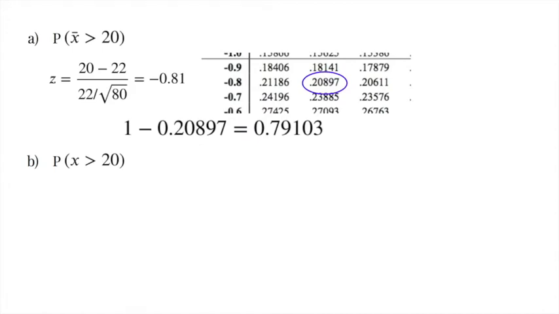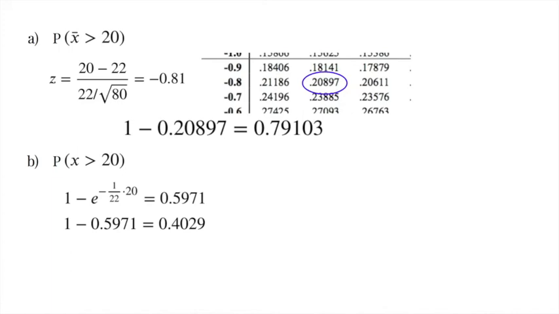The formula is 1 minus e to the negative mx, where m is 1 over the mean. So here we have 1 minus e to the negative 1 over 22 times 20. 20 is our x value, and that gives us a probability of 0.5971. But remember that the CDF formula always gives you the area to the left. So in order to find the solution for x greater than 20, we need to subtract 1 minus that value. So we get a probability of 0.4029.